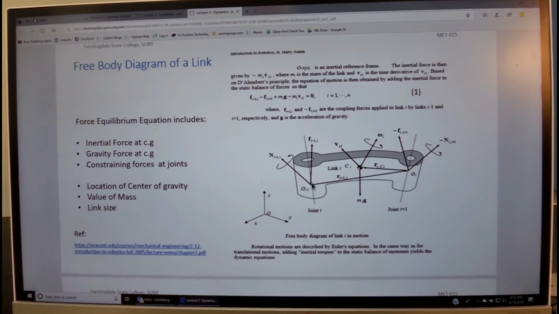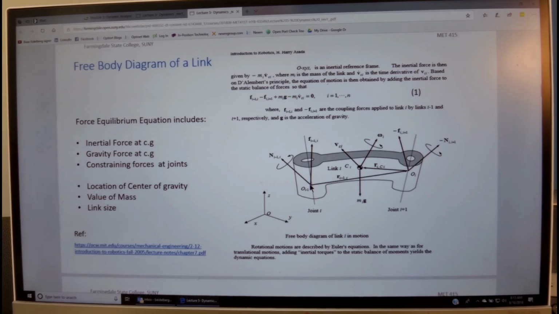Now, on this link, we have a center of gravity, and we have vectors. We have a vector from this origin to this origin, which is defined as r from I minus 1 to I, and starting here and going here. And then we have a vector from this origin to the center of gravity, which is Ri going to Ci. This is the center of gravity of this link.